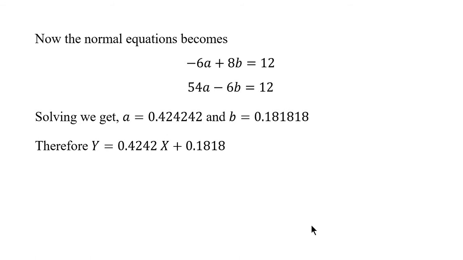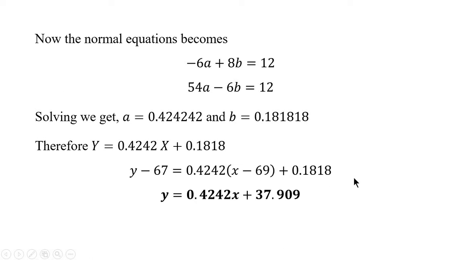Substituting in our straight line equation in terms of capital X and capital Y, but this is not the straight line we need because we need in terms of small x and small y. You know capital Y is small y minus 67, capital X is x minus 69. We get another equation in terms of small x and small y. This is our answer we need.